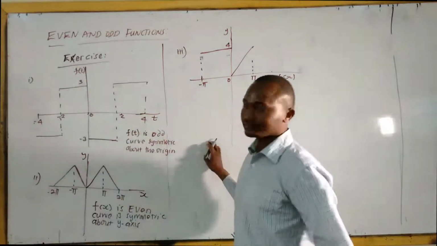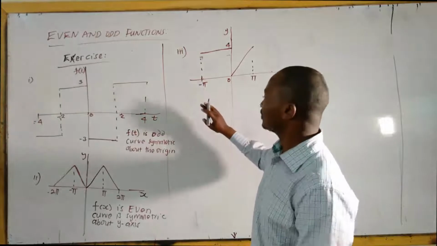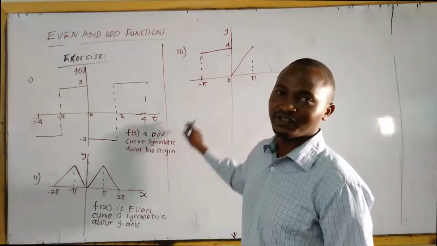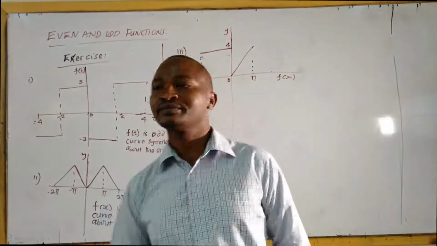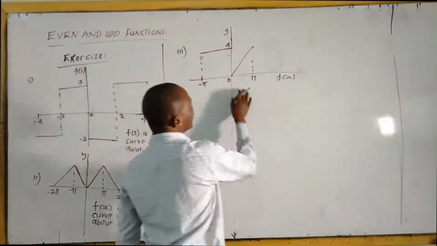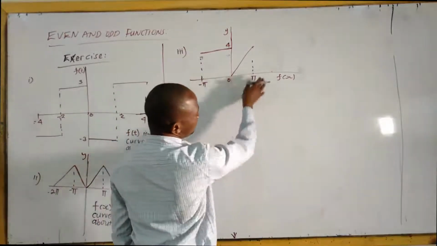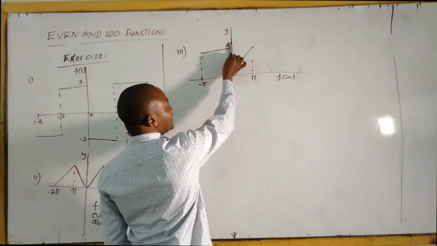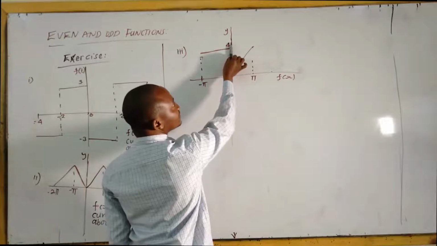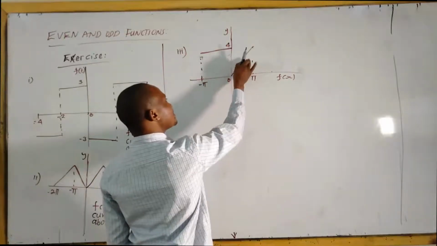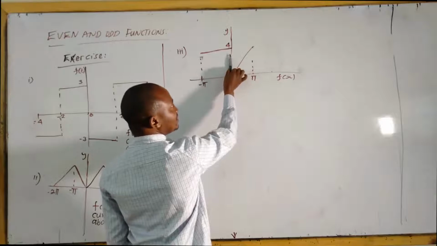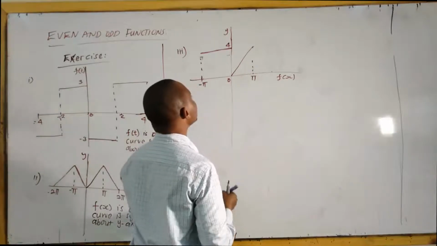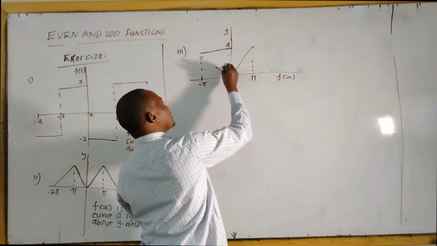What about the dark one? Is it odd or even? Or neither odd nor even? Pause the video and take a moment to look at it. If you look at our curve here, if you put a mirror here, the image of this inside the mirror, if the curve was even, its image inside the mirror should be something like that.